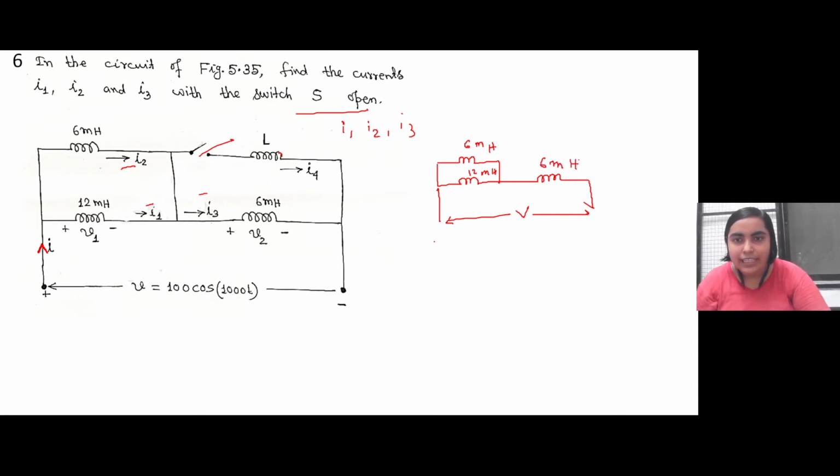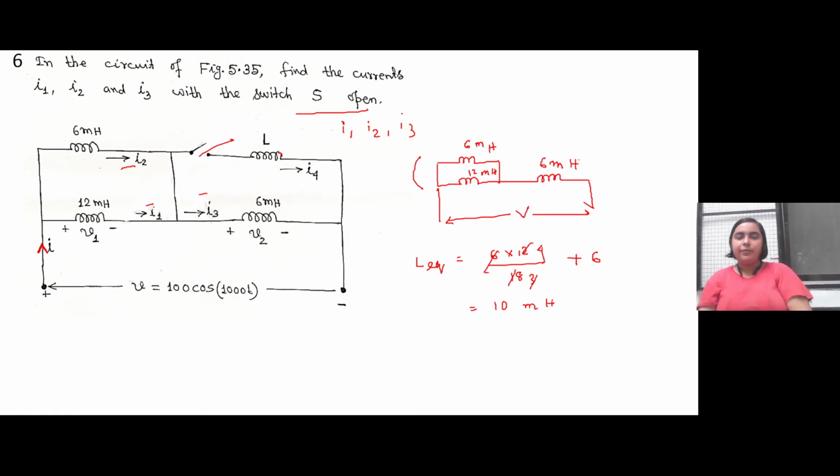So the L equivalent of the circuit will be, these two are in parallel with each other, so it will be 6 into 12 by 6 plus 12, that is 18, which is in series with this particular inductor, so it will be 6. So it is 4 plus 6, that is 10 millihenry, right?